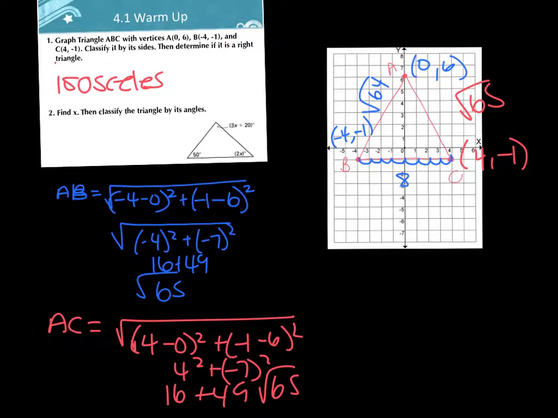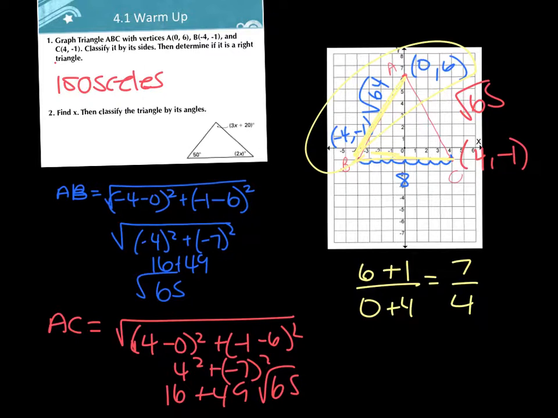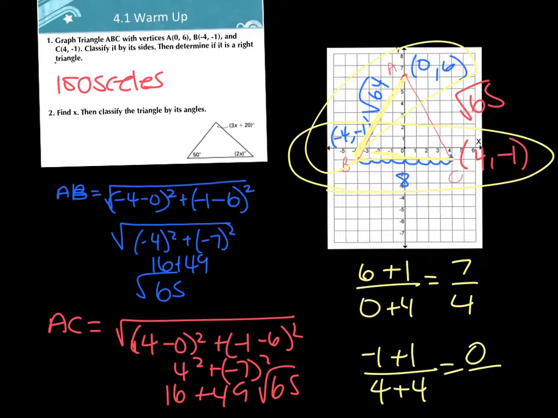So if it was close, let's say it appeared as though maybe these two lines could be perpendicular, then I would find the slope of this line. I would do 6 minus -1 over 0 minus -4, and I get 7/4. And then I'd find the slope of this line: -1 minus -1, and then 4 minus -4, and I get 0 over 8.